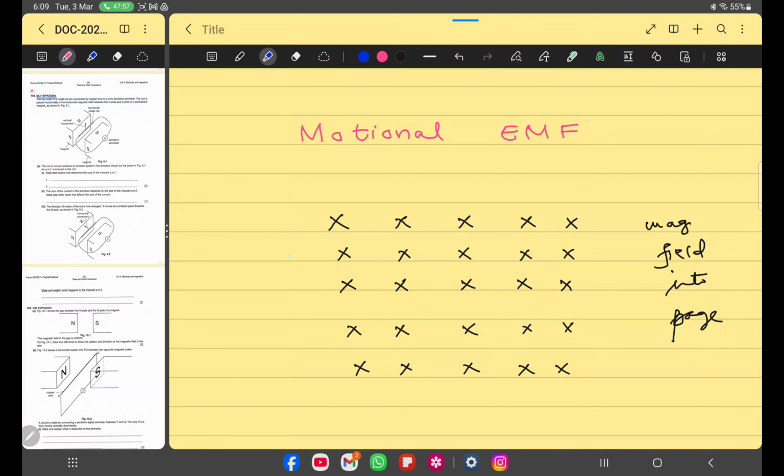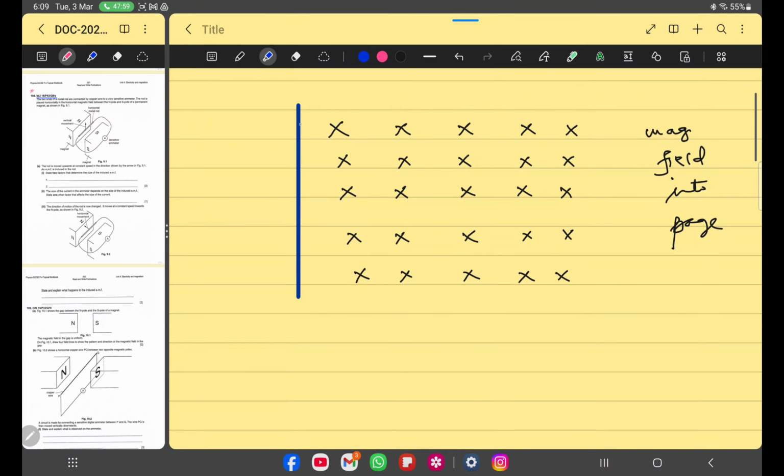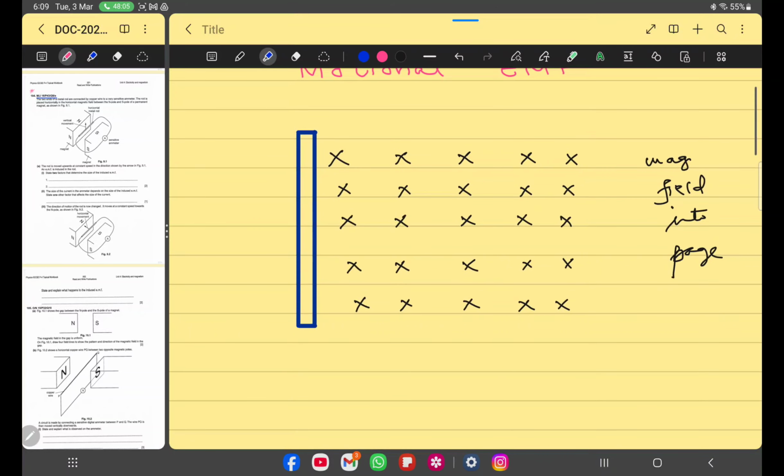And now consider I have a metal rod, a simple metal rod. No battery, no generator, simple metal rod. And now move this rod across the magnetic field.